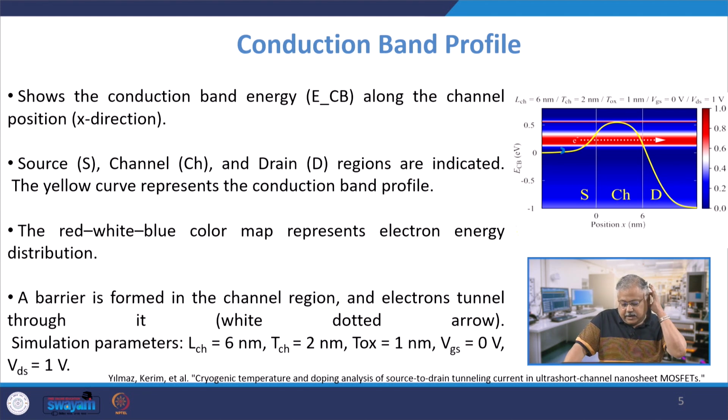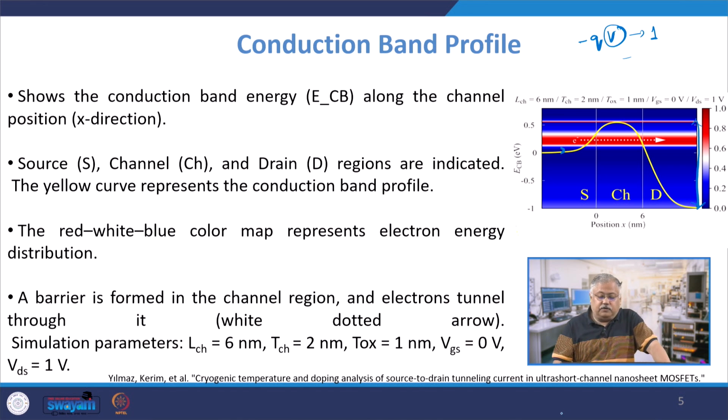As you can see here, since you have applied a bias of VDS equals 1 volt, the conduction band profile on the drain side is dipped well below because it is minus Q into V on the energy scale. So, when you apply a voltage of 1 volt here, that's the reason it is dipping down from its nominal value to a much lower value, right.